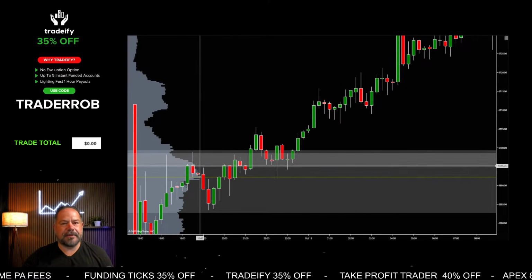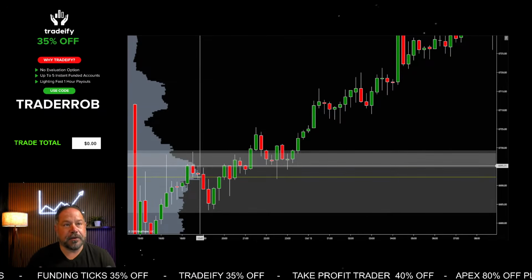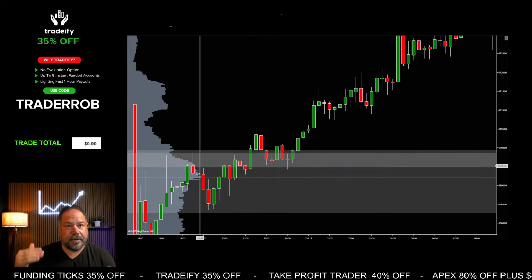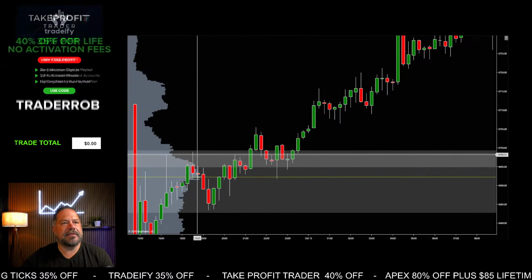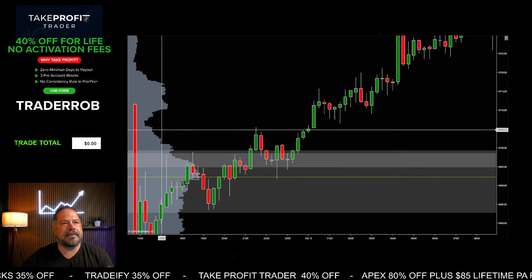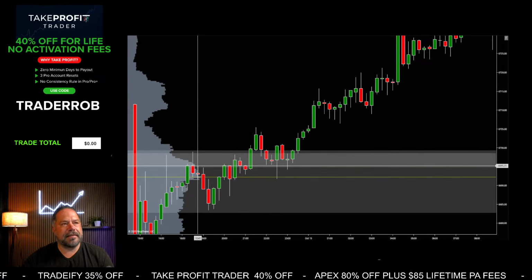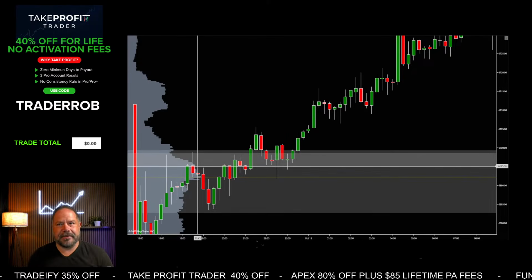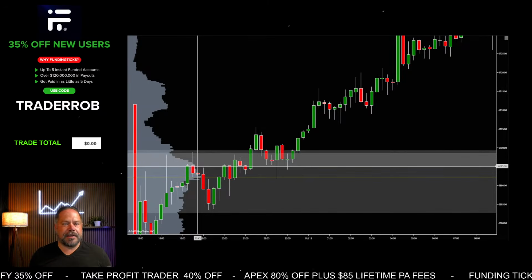Which means that volume is increasing as we move to the right, or in this case, as we're moving down into the chart. And then what I'd like to do is find areas that have a resistance, that have a volume cluster that is going to cause a reaction.